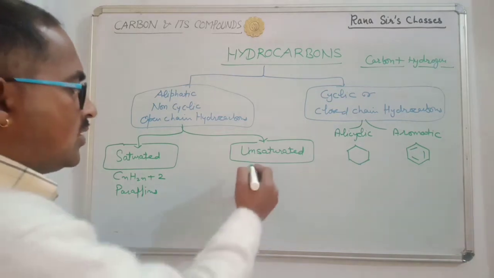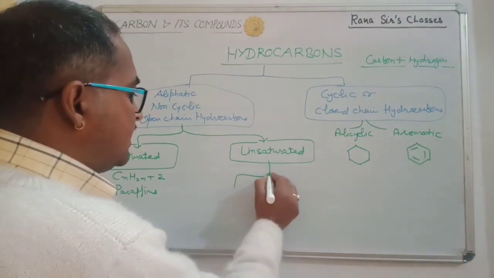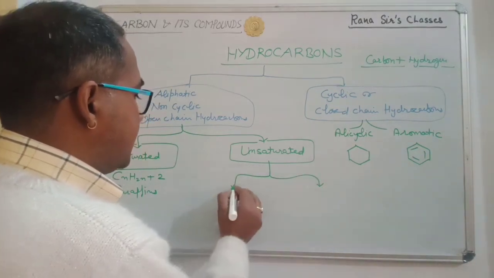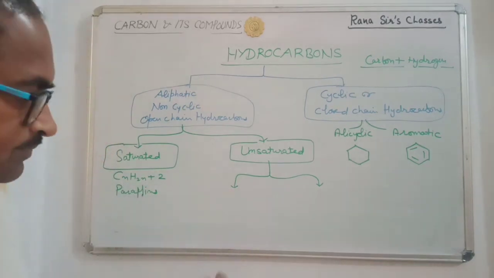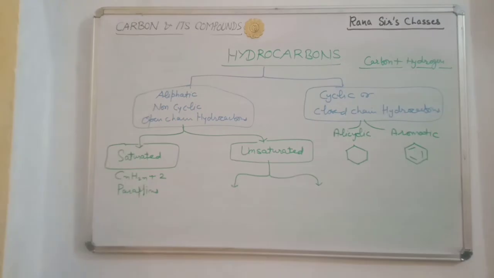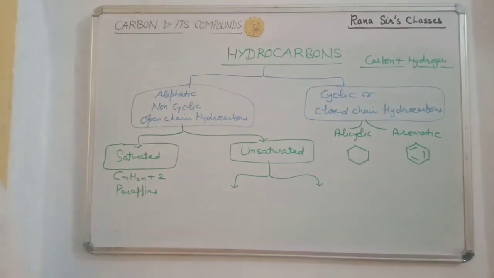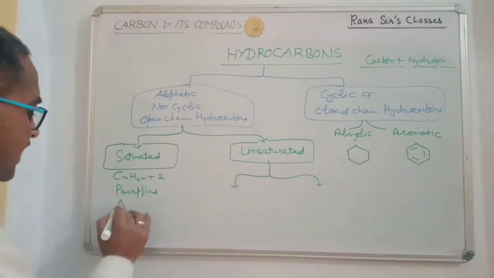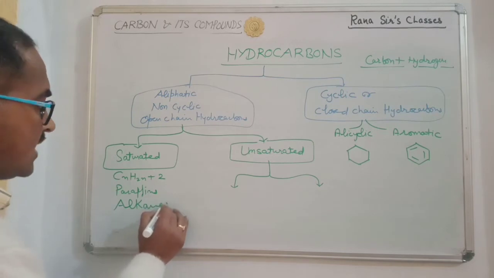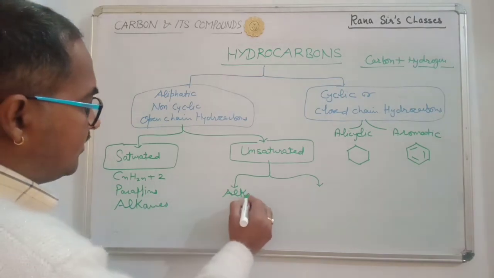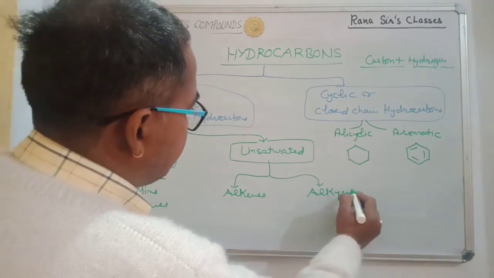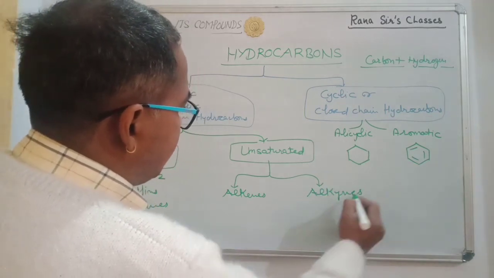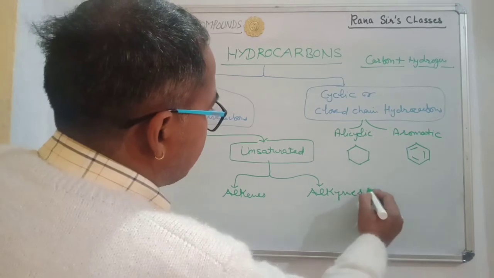If we talk about unsaturated, they are of further two types, you see. The saturated ones are called alkanes. And these are called alkenes, double bonded, and alkynes, triple bonded, unsaturated hydrocarbons.